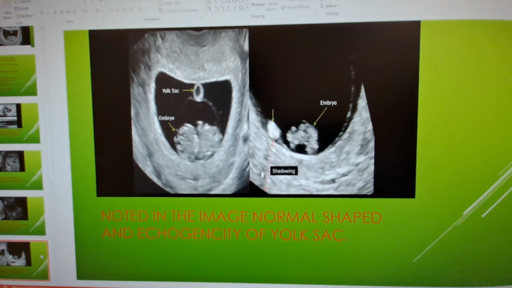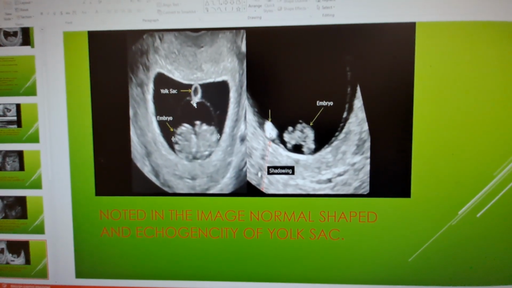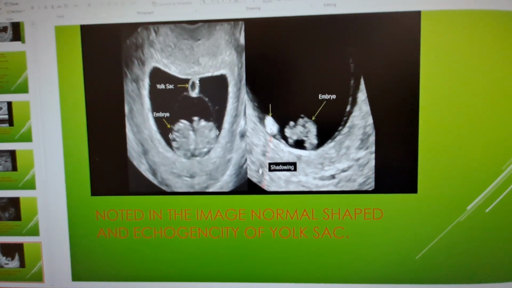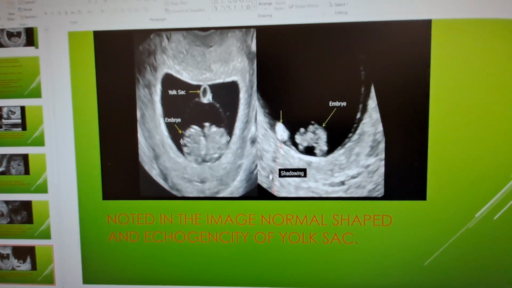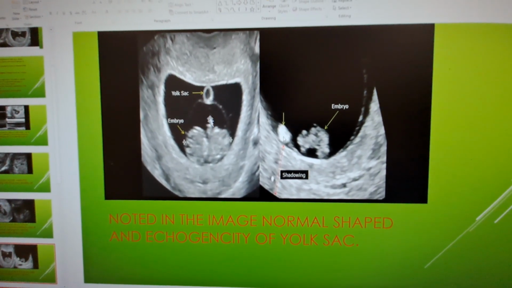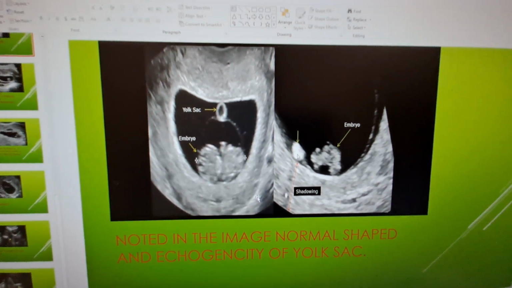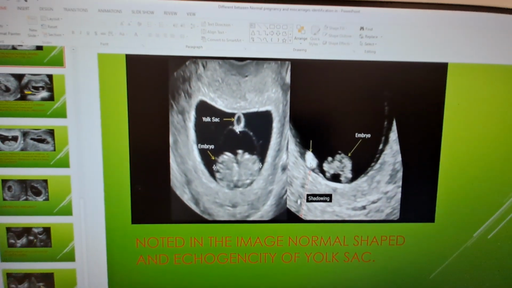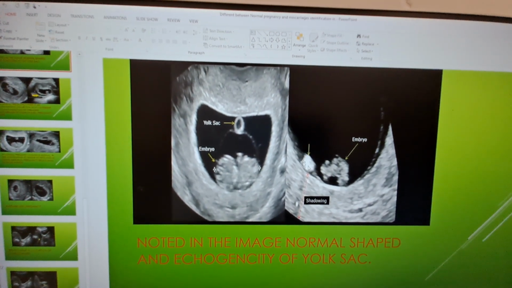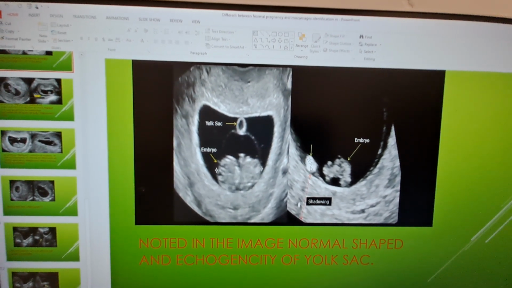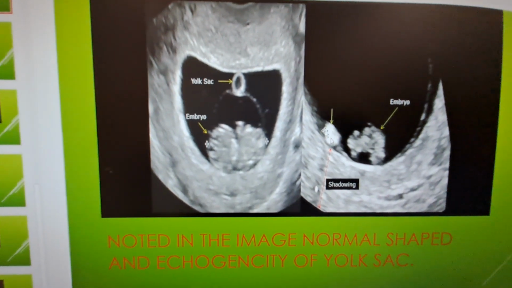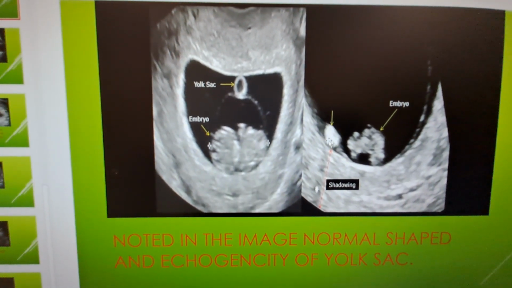So now, the importance of the yolk sac. Why is the yolk sac so important? The yolk sac is like a supply of nutrients to the baby. In an abnormal pregnancy, there is an echogenic yolk sac.